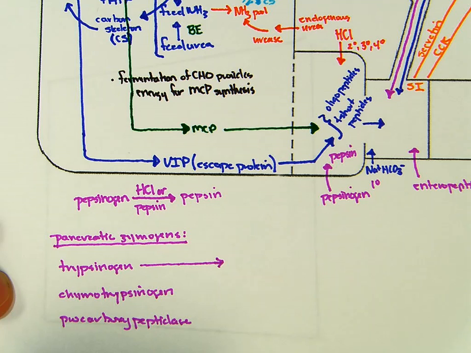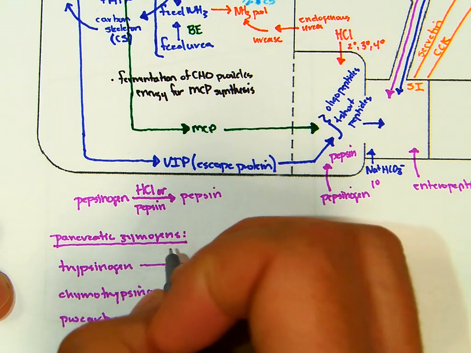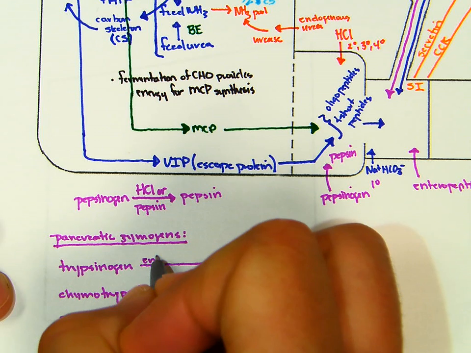Okay, all three of these are secreted as inactive enzymes, and trypsinogen will be first activated by enteropeptidase.